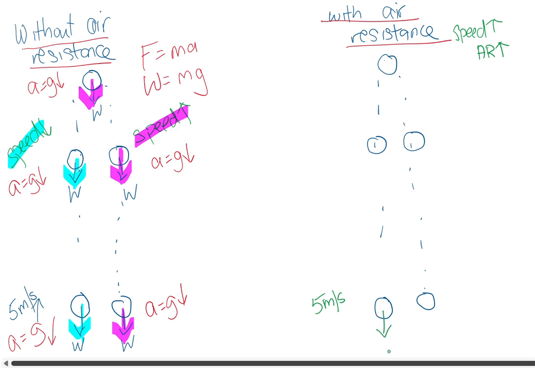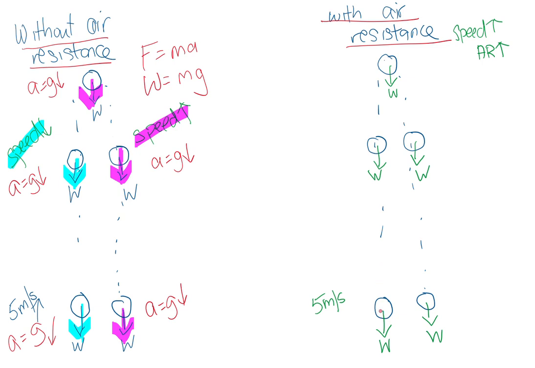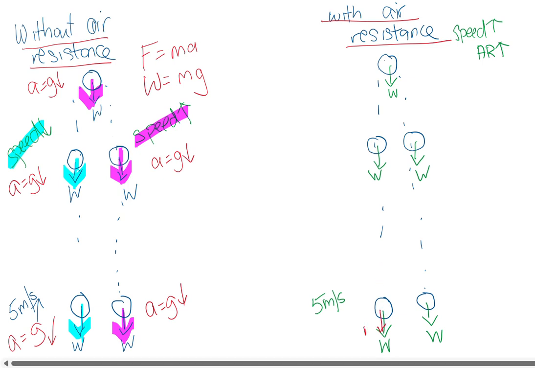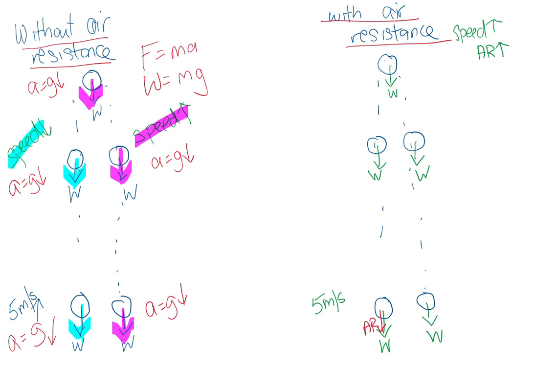So what are the forces at play here? So you have a weight. This same weight will be at every instant, and the weight doesn't change. However, we have one more additional thing called air resistance. Because this is moving up, can you see that you have an air resistance that is opposing the motion?